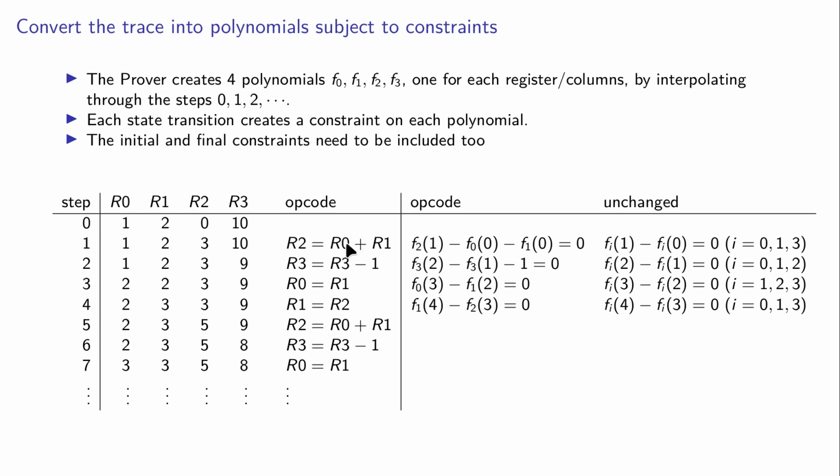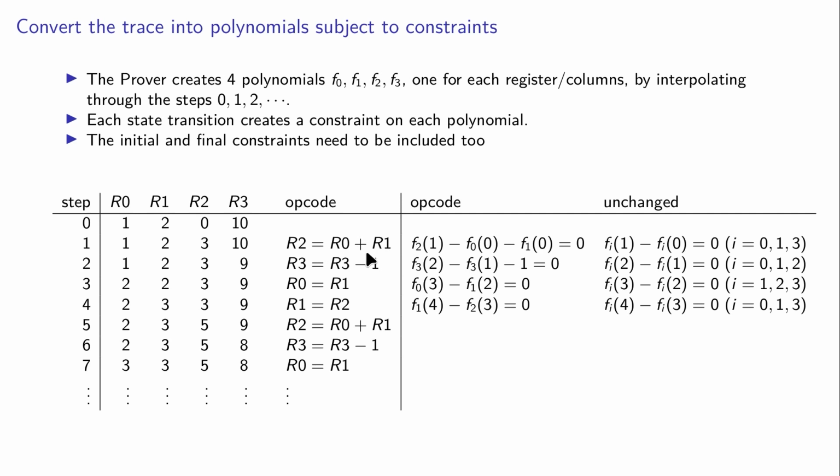Each opcode will result in some constraint. In this case, R2 is equal to R0 plus R1. But you must realize that these R0 and R1 are referring to the state of step 0.